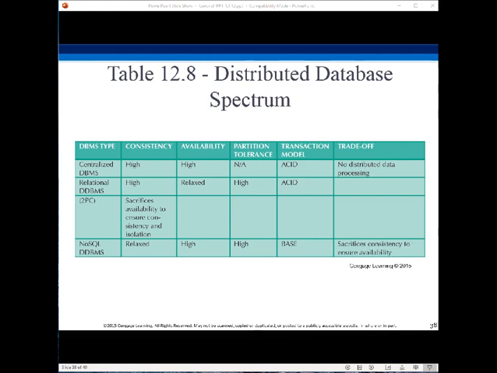So we see in this chart the spectrum from the centralized relational two-phase commit to the modern NoSQL databases. You can see that the main difference is that the two-phase commit in the relational distributed databases sacrifices availability to ensure consistency.